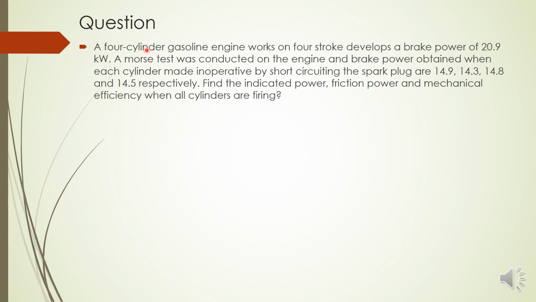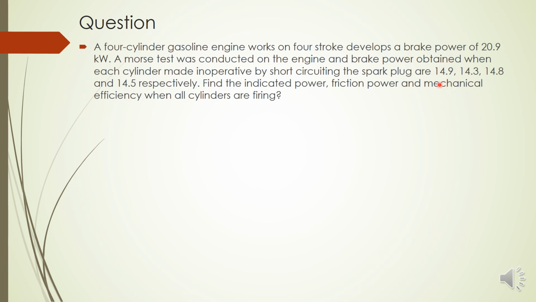In this question it is mentioned that it's a four-cylinder engine, and when all the cylinders are running at the rated speed, its brake power is 20.9. Then the first cylinder is cut off by short circuiting its spark plug. Then the speed will reduce, so to maintain constant speed we have to reduce the load.